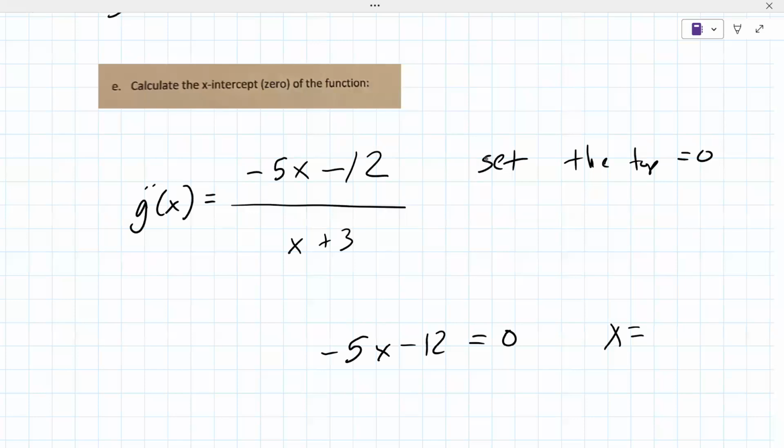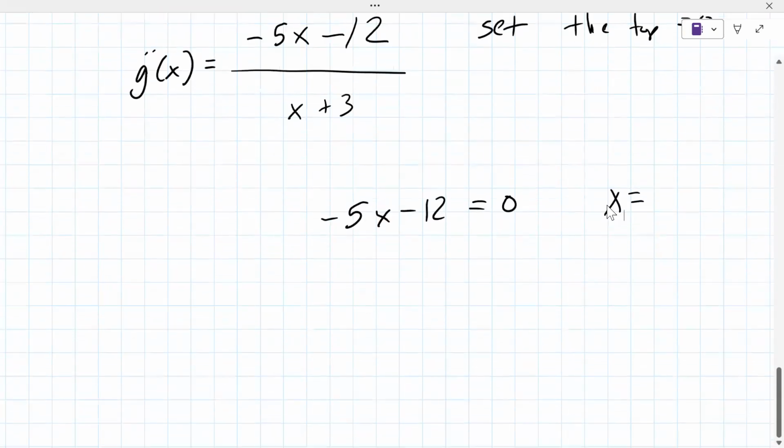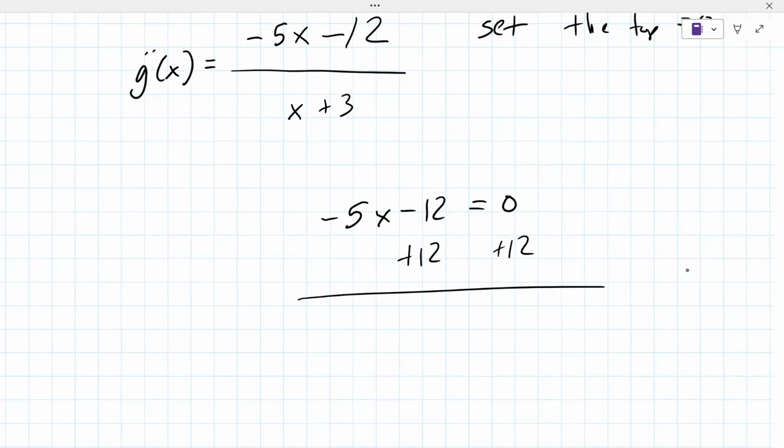That is not correct. Well, I did 12 divided by 5. So what you said is also not correct. There's a mistake there. Negative 5x equals 12. This is correct. Negative 5x, that's right. So far, you're good.